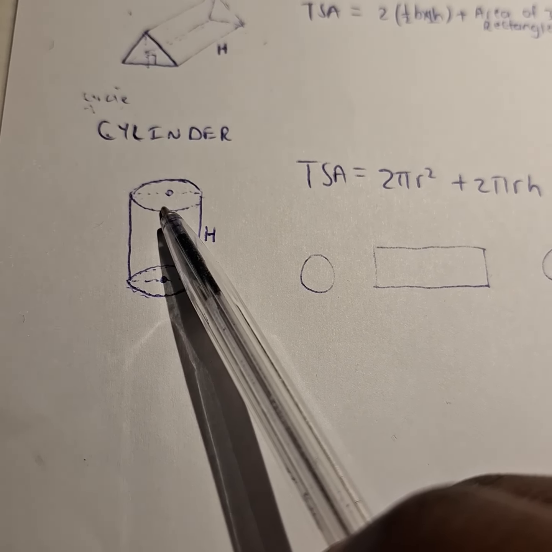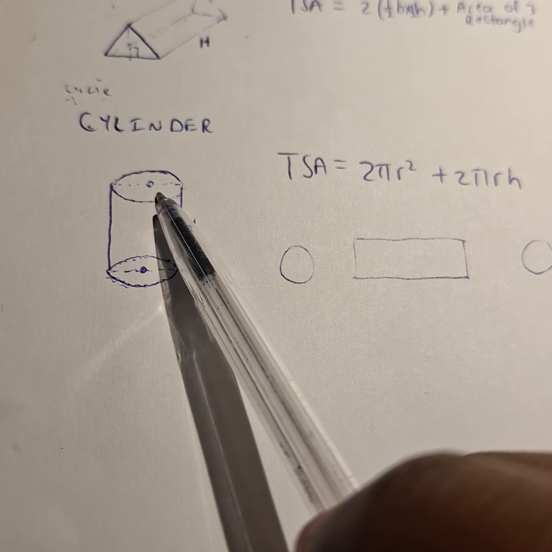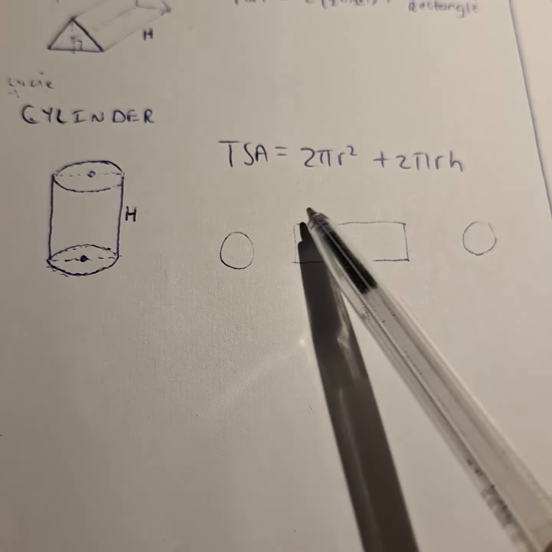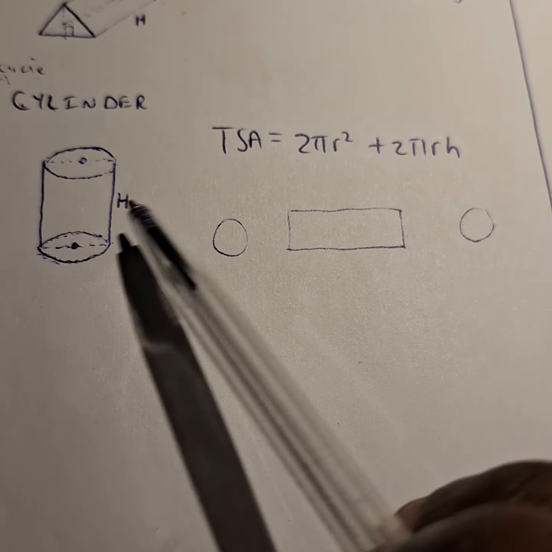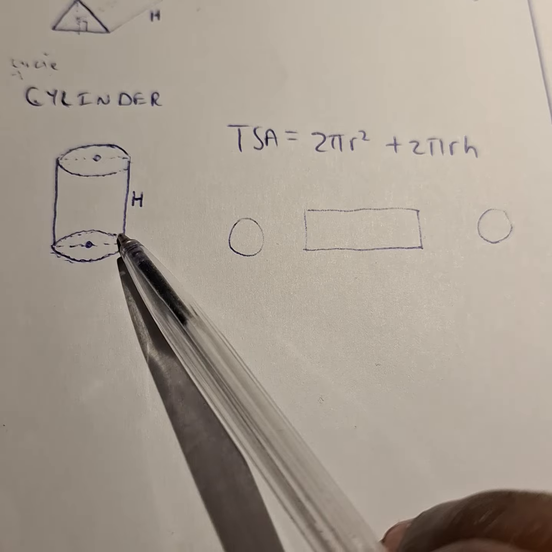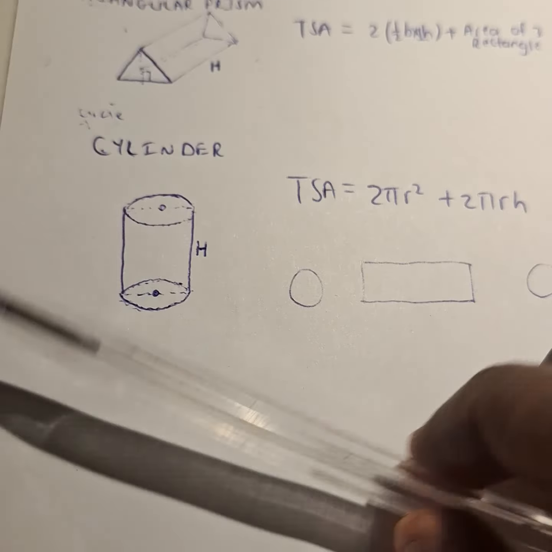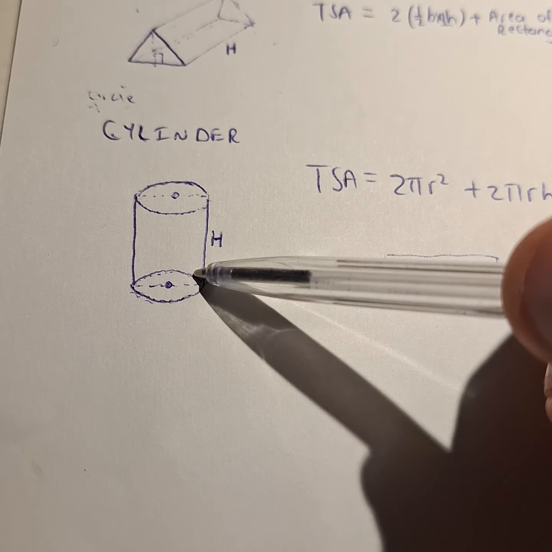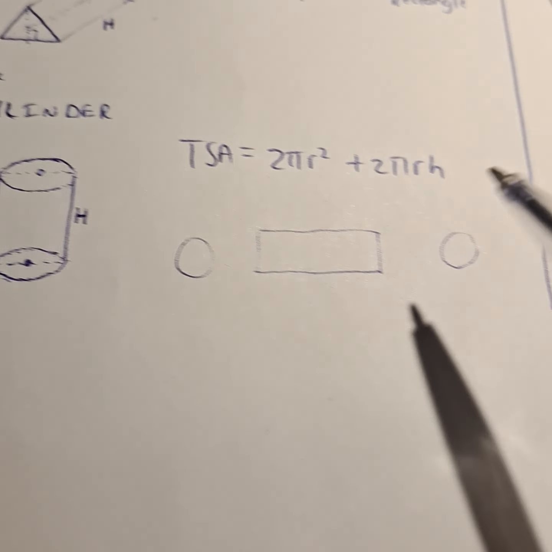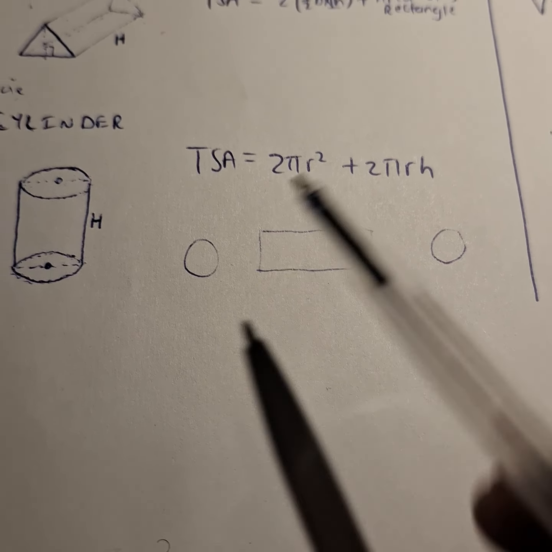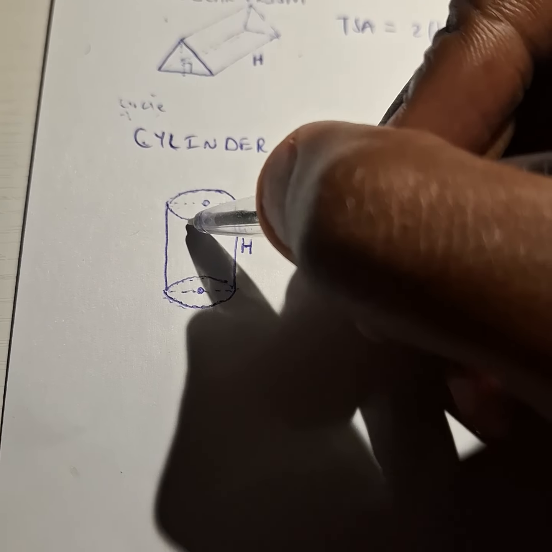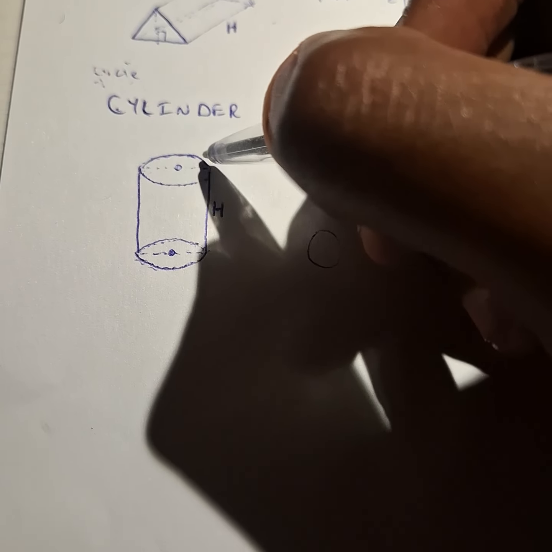If I was to open this up, this is what you would actually see for the surface area of this part. You see this part. If I would open it up, this here would represent the circle.